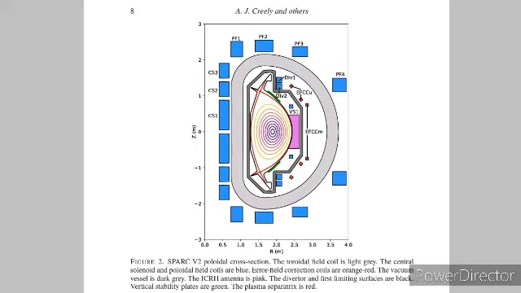SPARC has 18 toroidal field coils in an attempt to balance the competing constraints of minimizing magnetic field ripple and maximizing vacuum vessel port widths.